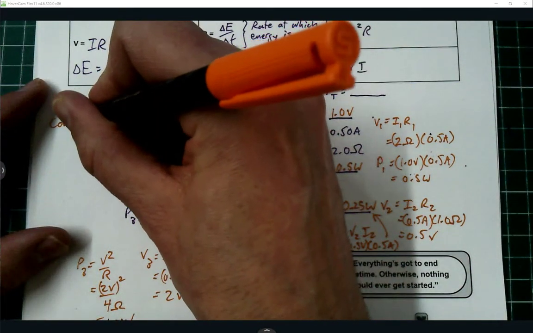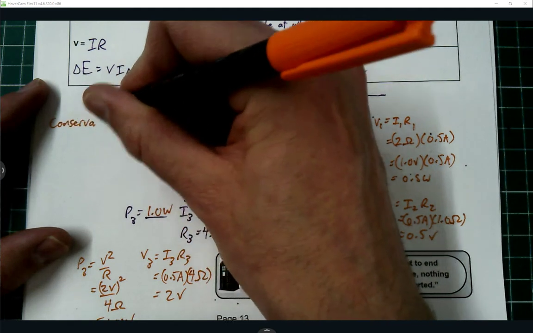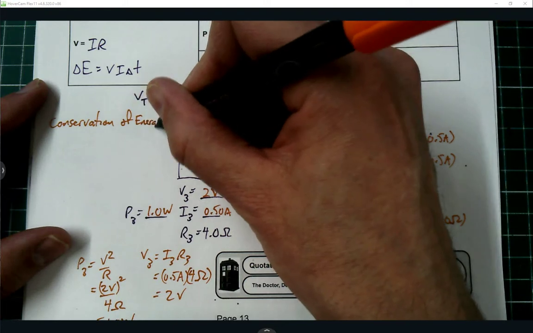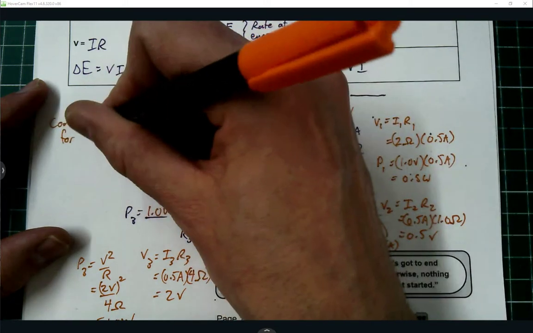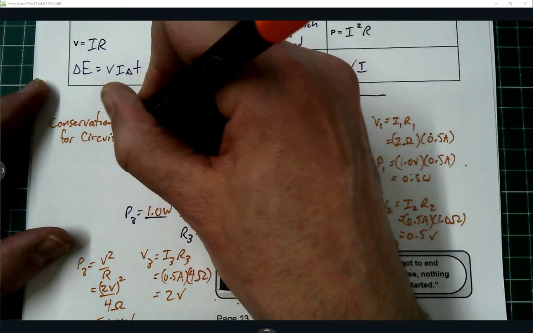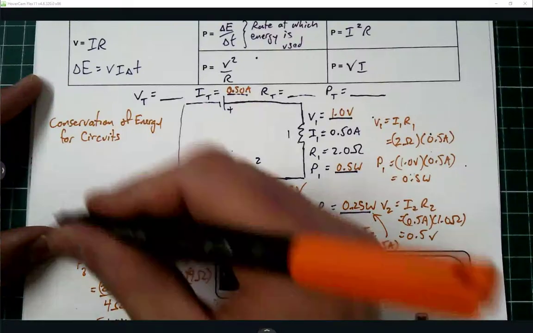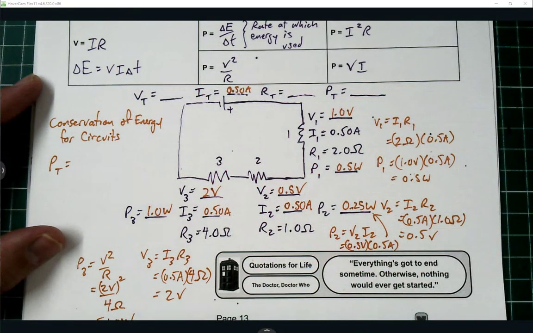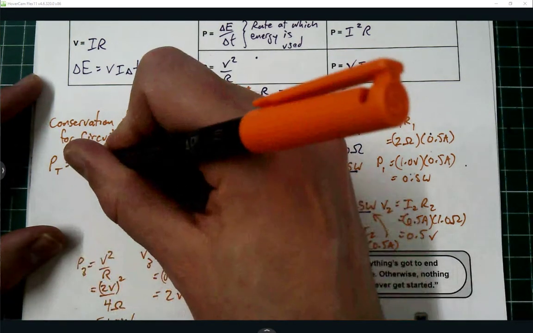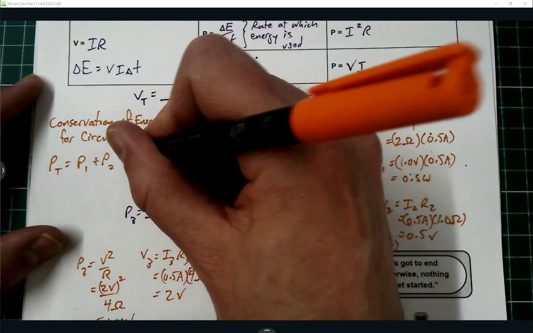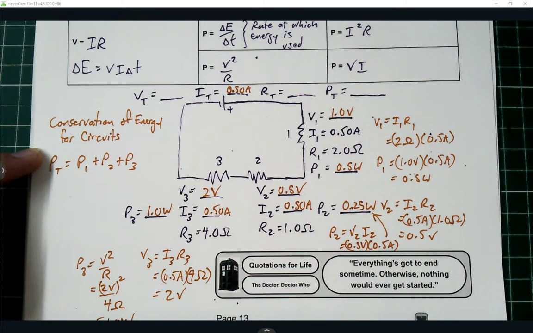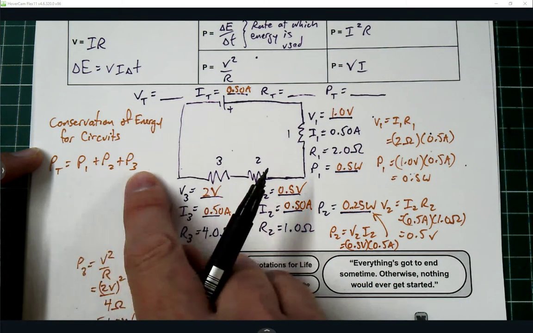So conservation of energy says this. Conservation of energy says that the total power consumed by the entire circuit is equal to the sum of power 1 plus power 2 plus power 3. Power consumed by the total is equal to the sum of the power consumed by the individuals.